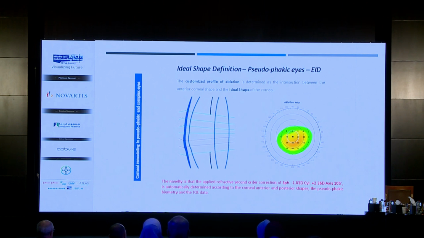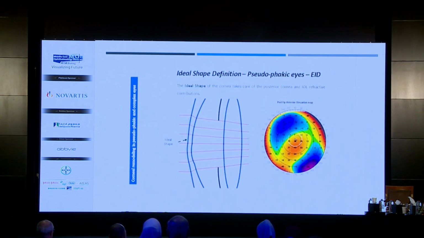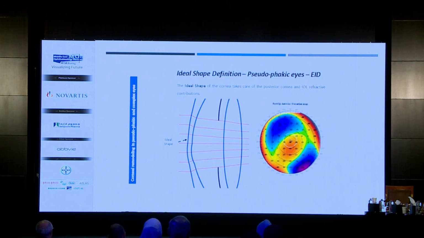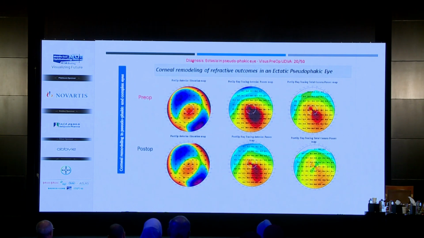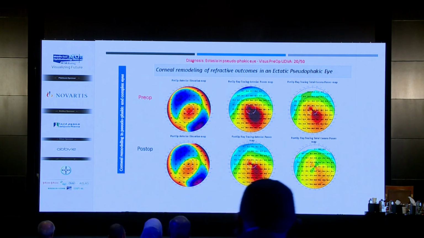In this way, we could do an ideal shape taking care of the posterior cornea and the IOL refractive contributions. You can see here the preoperative maps, the anterior elevation map, the ray tracing anterior power map, and the total corneal ray tracing map.